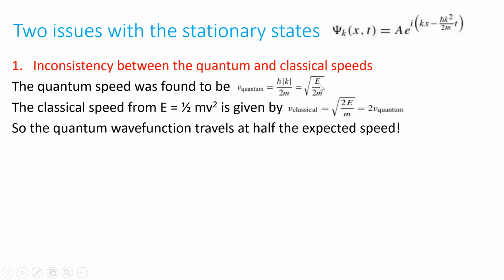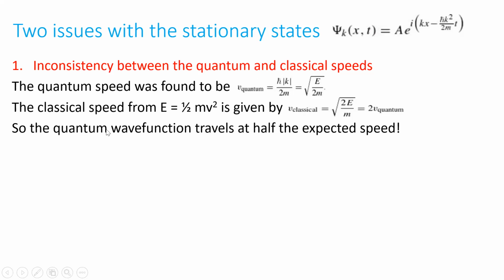But if you compare these two, you can see that this one is greater. In fact, to get from the top one to the bottom one, you'd have to multiply by 2, because 2 over the square root of 2 is the square root of 2. So the classical speed is twice the speed of the quantum stationary state.